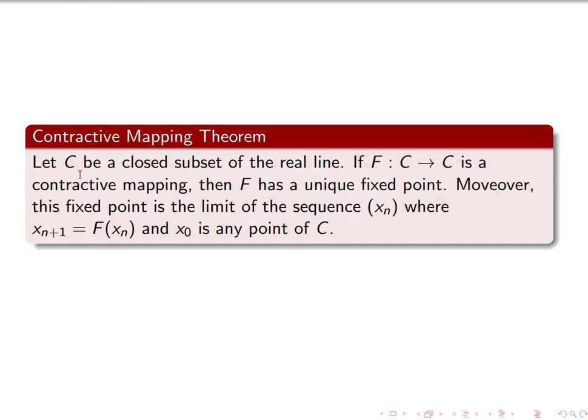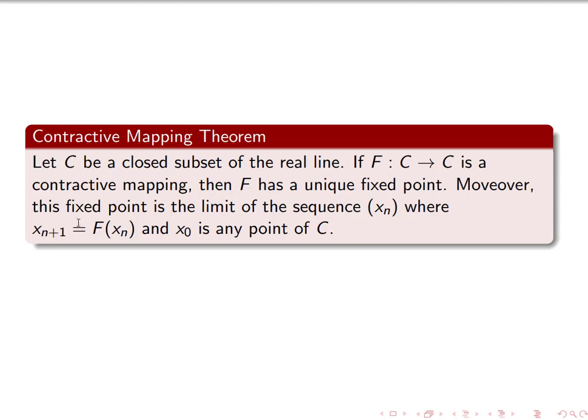So the contractive mapping theorem will say, let C be some closed subset of the real line. If F from C to C is a contractive mapping, then F has a unique fixed point.